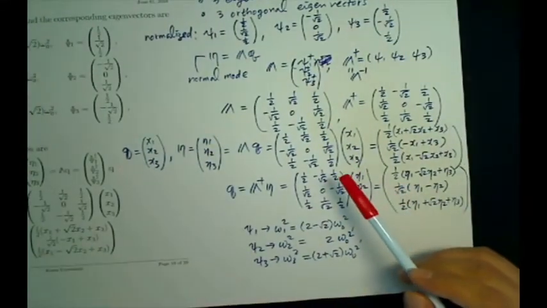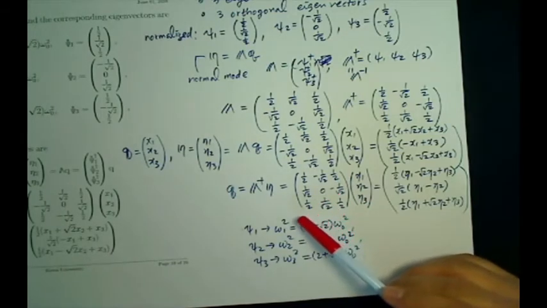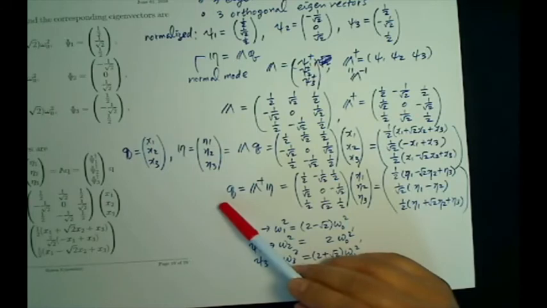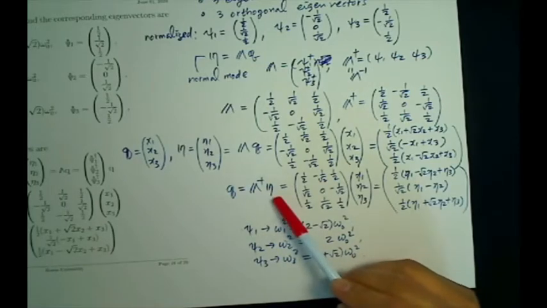Once you have solved all those problems, you need to return to the original coordinates. The original generalized coordinate Q can be obtained by multiplying lambda dagger to the normal modes.